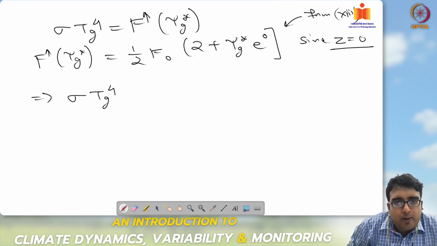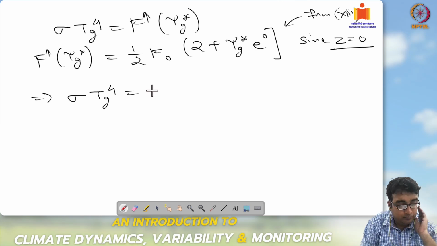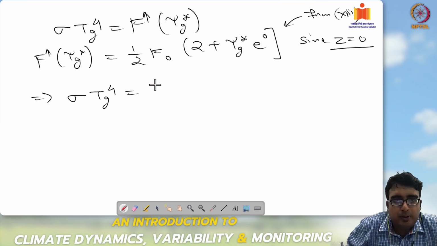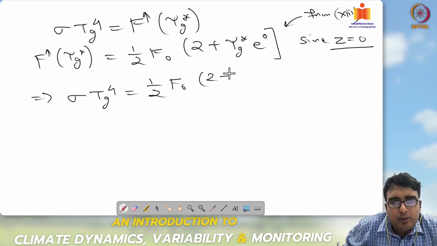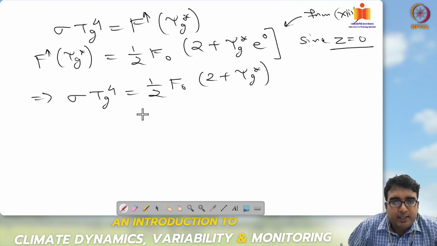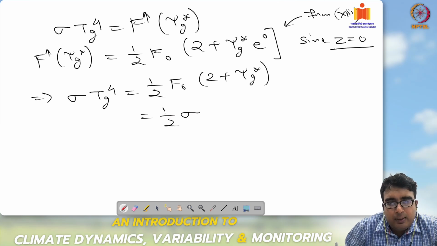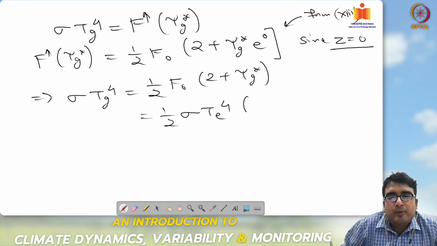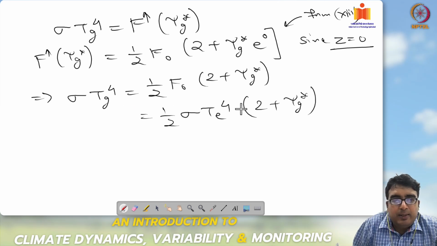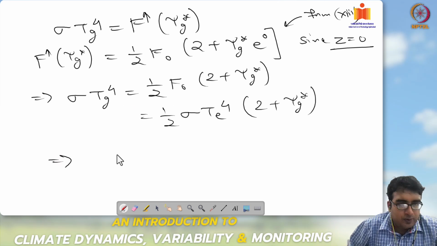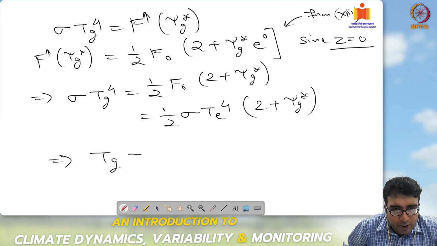So from equation 13, we get sigma Tg to the power 4 equals half F0 2 plus Tg star. And what is F0? It is half sigma Te to the power 4 2 plus Tg star. So sigma cancels out. So we get the temperature of the ground.